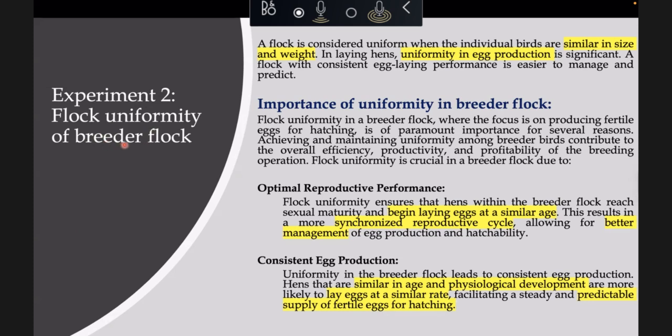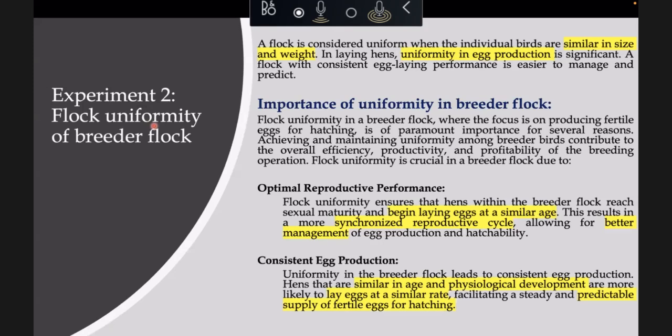We must have heard the term uniformity in our earlier semesters, I guess, when you studied broiler and layer production, perhaps in level 2. At that time also, uniformity or flock uniformity was supposed to be discussed. That is for those broiler and layer strains.